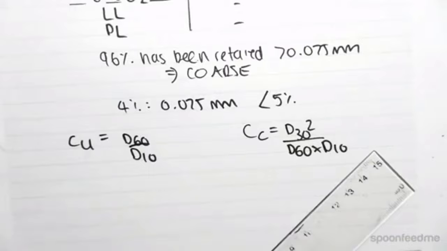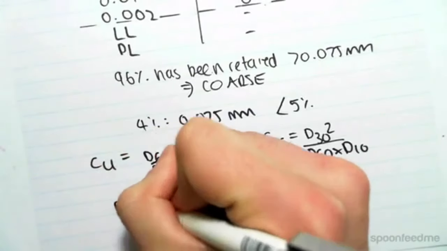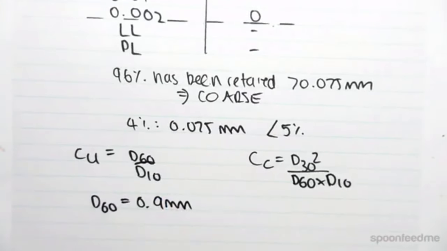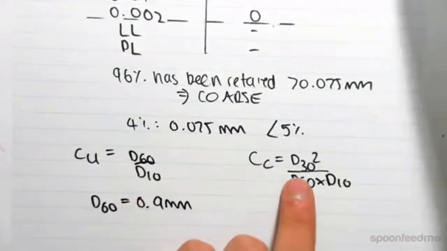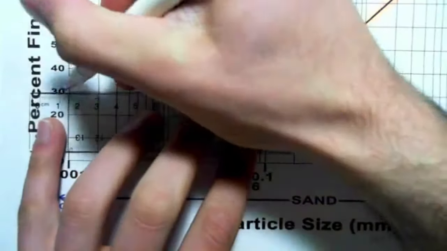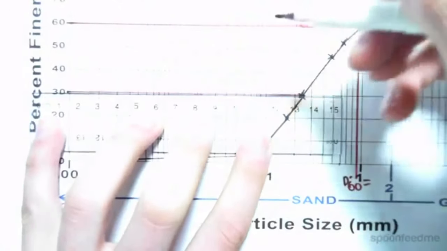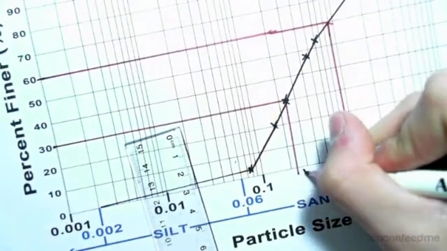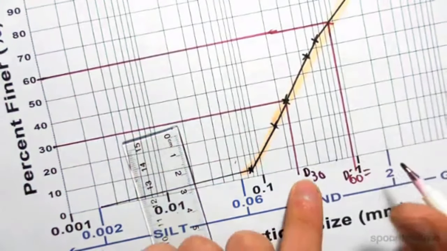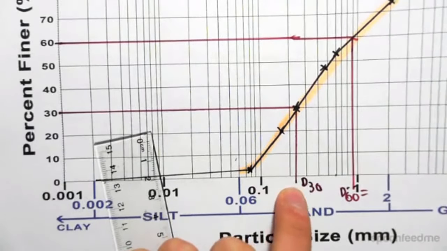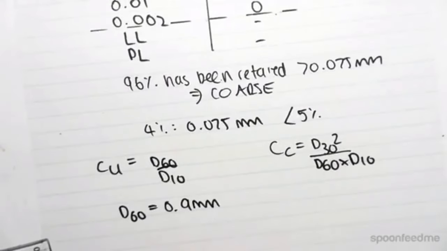So D60 is 0.9 millimeters. We also need D30, so we come to 30% on our curve, hit across, and we get around there. That is D30, and it's around 0.21 millimeters, remembering this is a log scale.